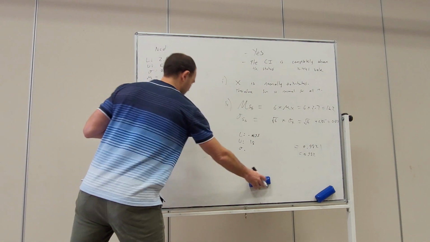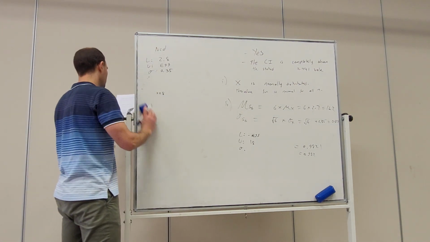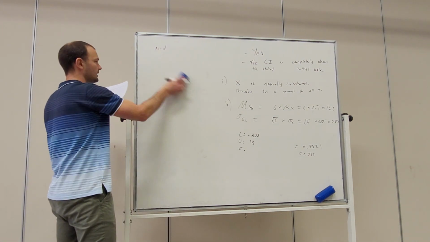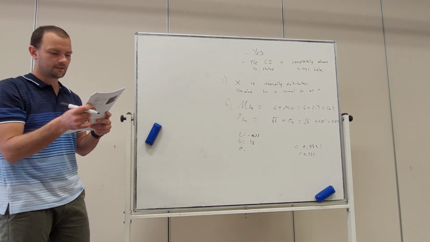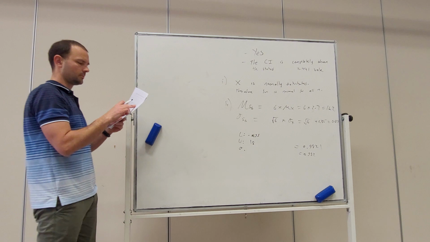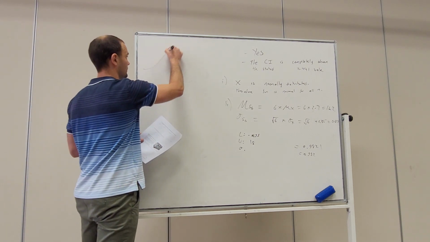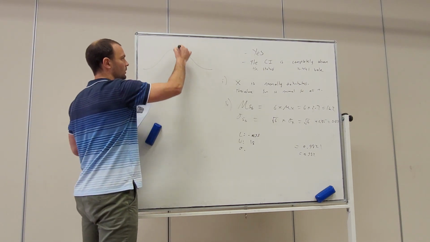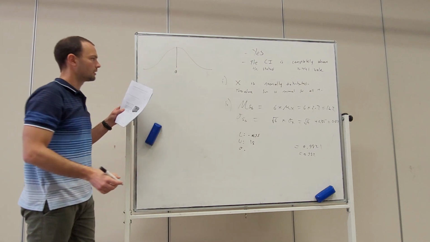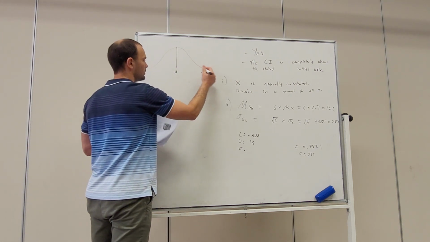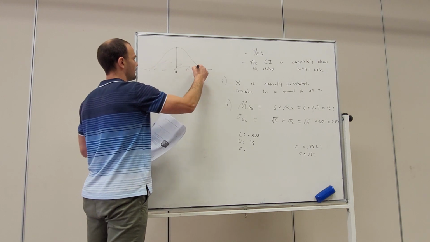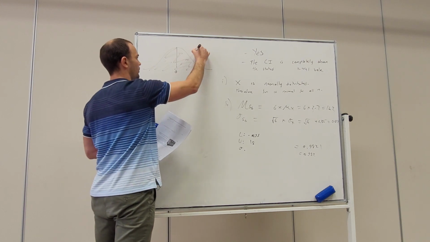All right, part C. Find the value of K, the probability of Z being less than K is 0.99, given that Z is normally distributed with a mean of 0, standard deviation of 1. So here they're talking about the Z distribution, so we need to make sure we don't miss that. They're saying, what's this value, K, such that the area here is 0.99.